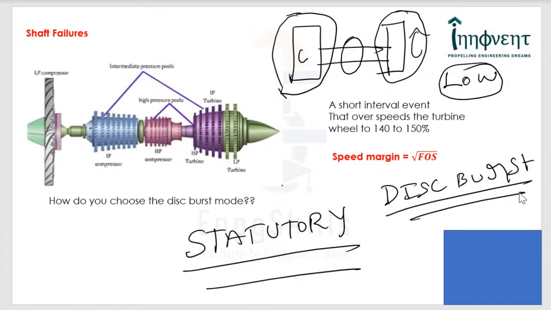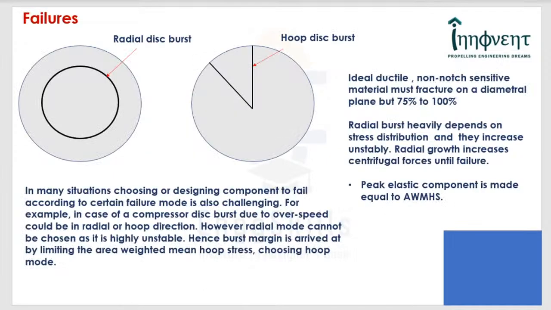Now, in order to design the disk against disk burst, you will have to establish the speed margin. That means even if the turbine overspeeds, it does not burst until the overspeed reaches a certain extent. Now, how do you choose the burst margins?